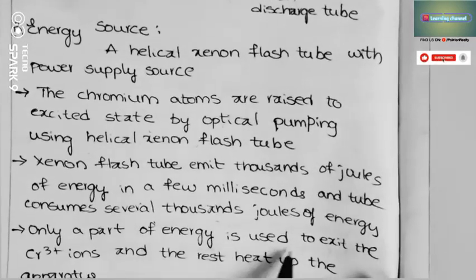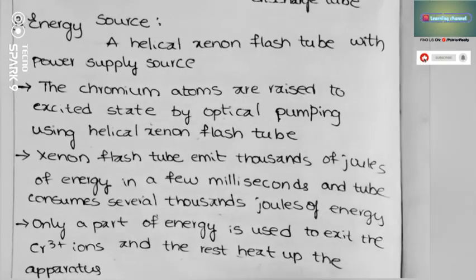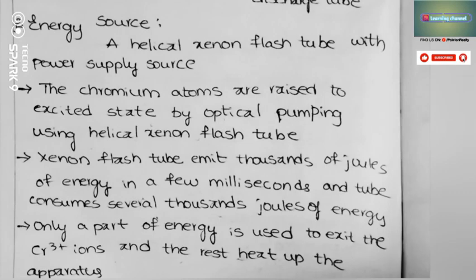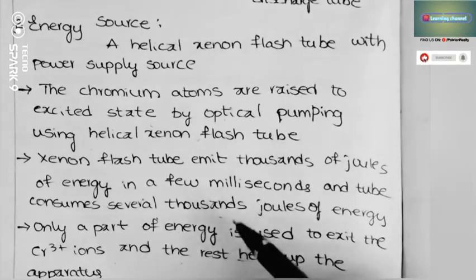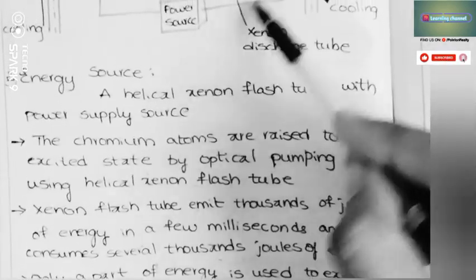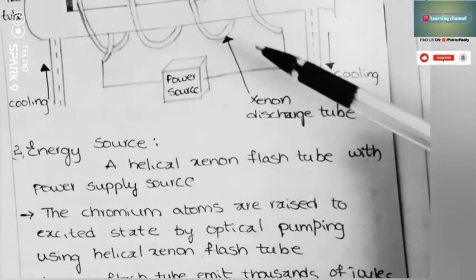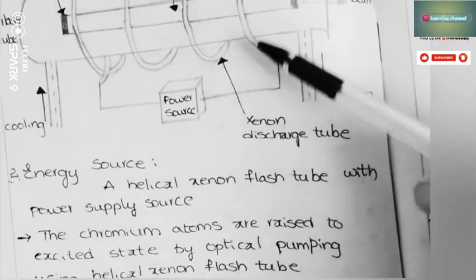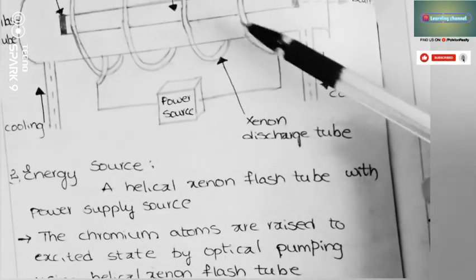Only a part of the energy is used to excite the chromium ions, and the rest heats the apparatus, so a cooling arrangement is used. When a power source is connected, the xenon flash tube emits a lot of energy in a few milliseconds, but only some is used to excite the chromium ions. The remaining energy remains as heat, so we use a cooling system.